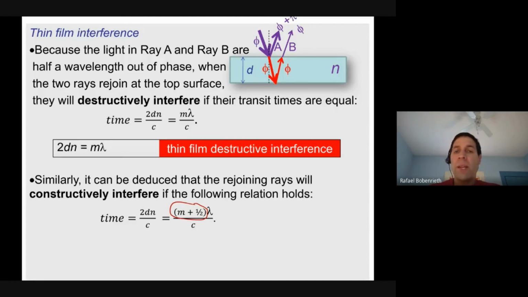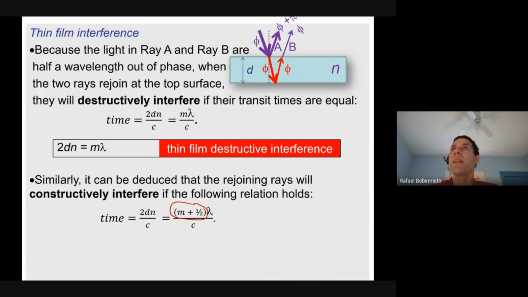So notice what's happening here. Depending on the wavelength of the light, the thickness of the film, and the index of refraction of the film, certain colors are going to get canceled out because those wavelengths are canceled out, and other colors are going to be brightened because they're going to be constructively interfered with. Okay.